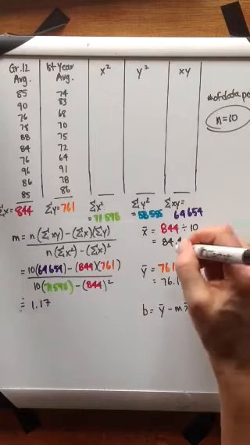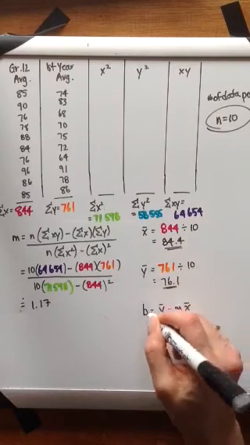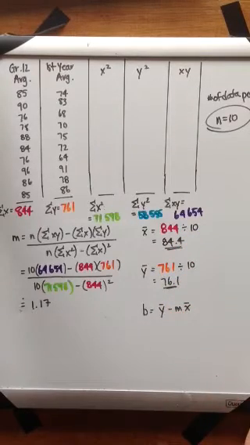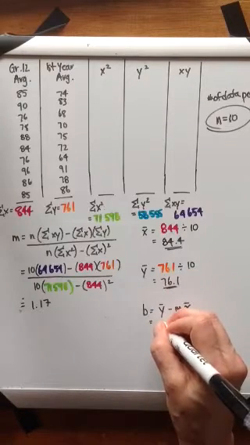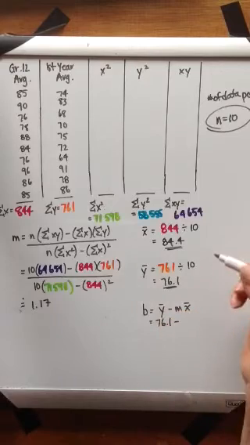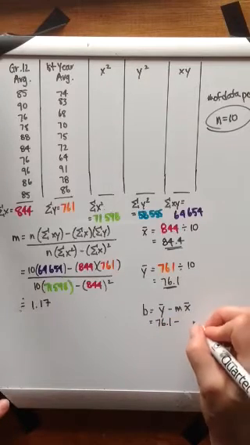So let's use these values now to find the b value for our equation of line of best fit. Subbing in the mean of the y's gives 76.1 minus our slope, which is 1.17.